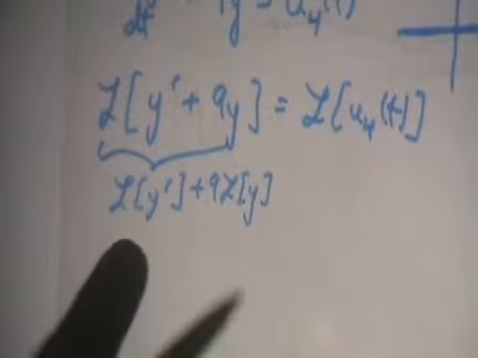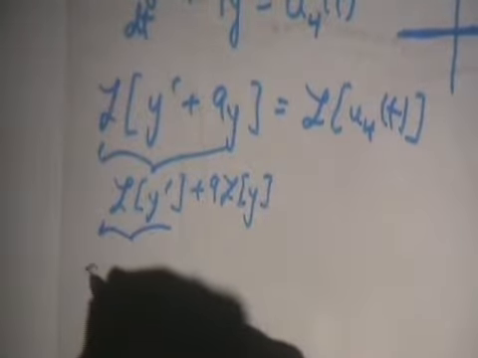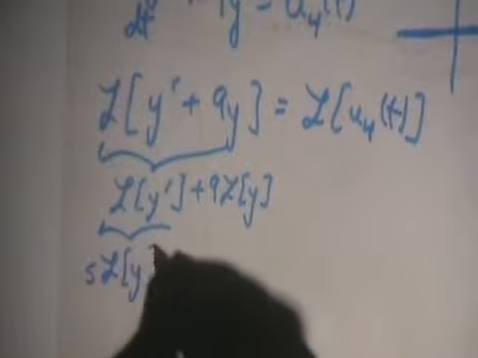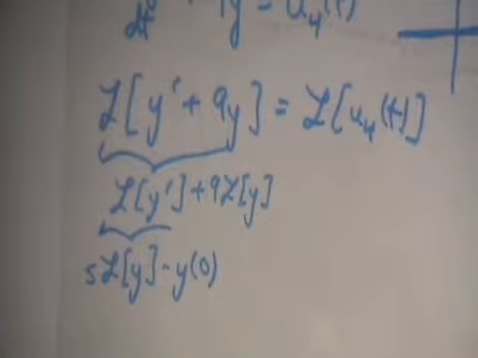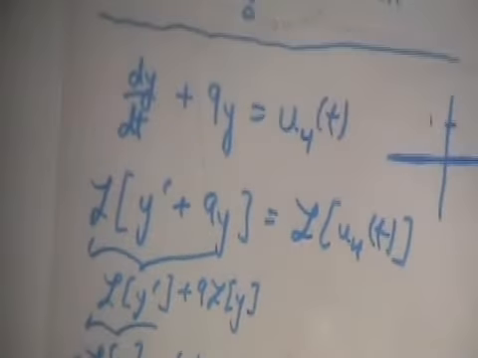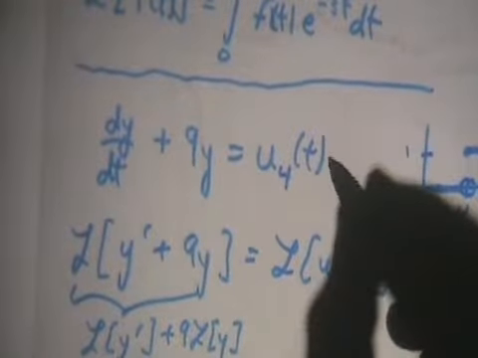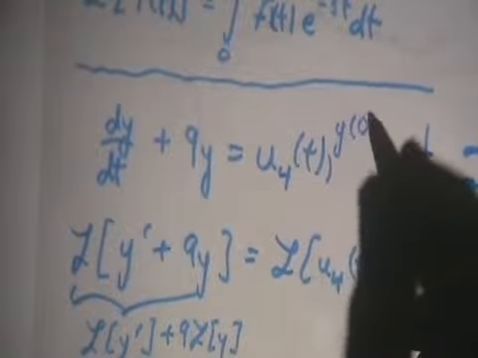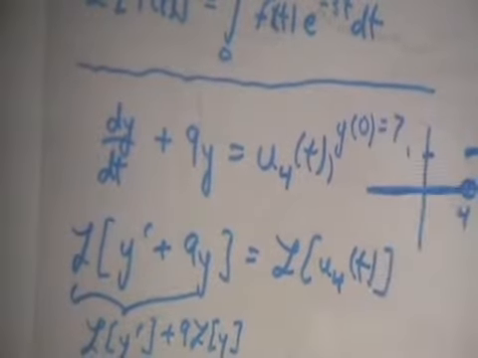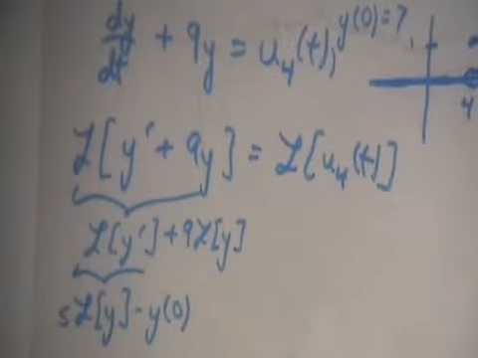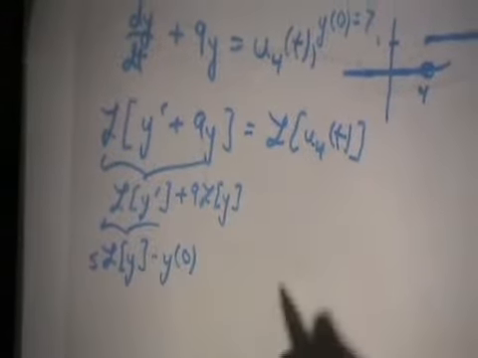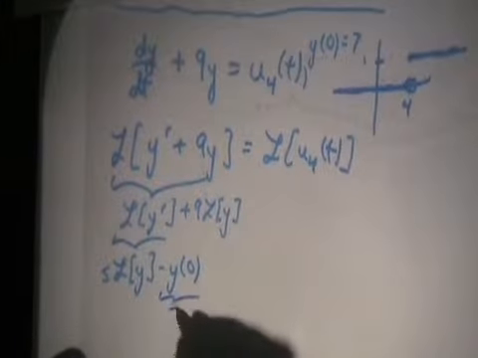And then use the other fundamental property that the Laplace transform of y prime is s times L of y minus y of 0, which reminds me that I really need an initial value problem. So I'll go back up to the top here and write an initial value. For example, y of 0 equals 7. If that's my initial value problem, now I can replace y of 0 with 7.